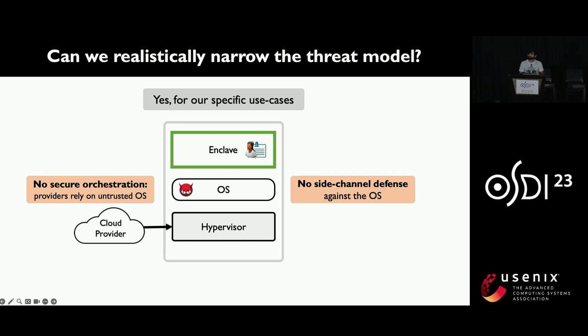The other important service that we care about is providing side channel protection against a compromised operating system. So if we trust the cloud provider, we can know that the complementary protection against these attacks will be correctly implemented within the hypervisor.